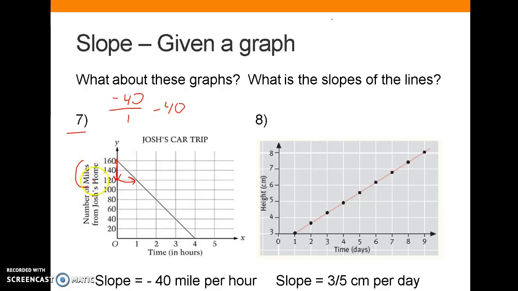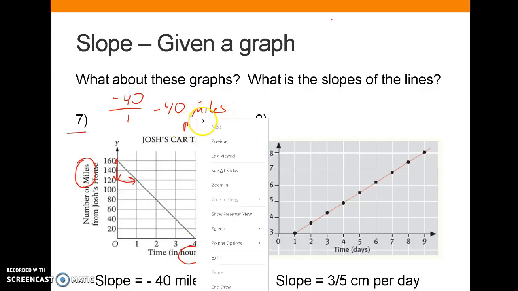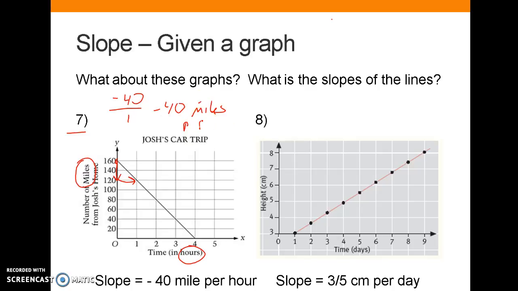This is miles here and hours here. So this is negative 40 miles per hour. And so it looks like he must start out 160 miles away from his destination, but then as time goes by, he's subtracting that distance by negative 40 miles every hour that he travels.